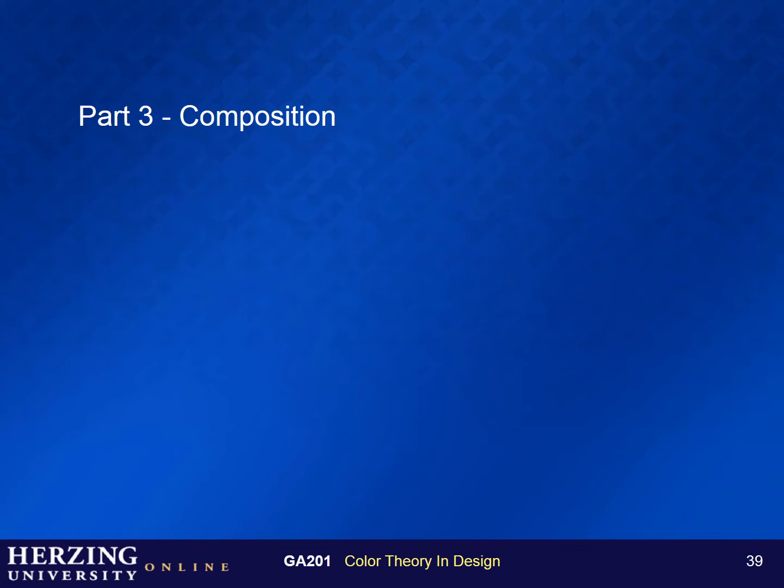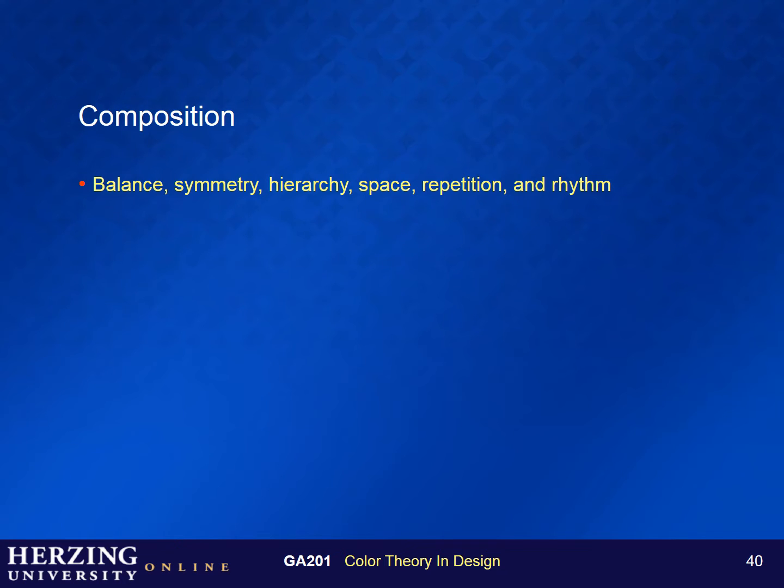Part 3. Composition. Creating a well-composed image can be one of the most daunting challenges to a designer. Reconciling a variety of images and text becomes more difficult with the additional task of applying harmonious color.